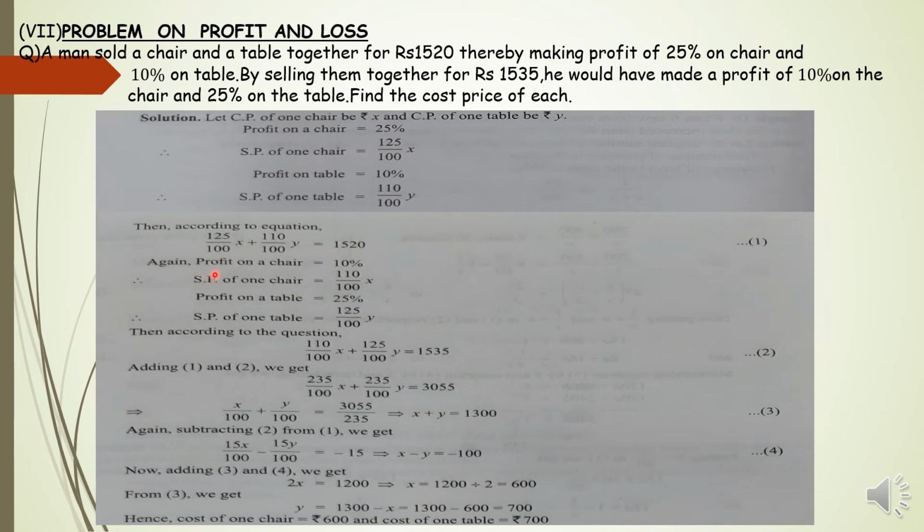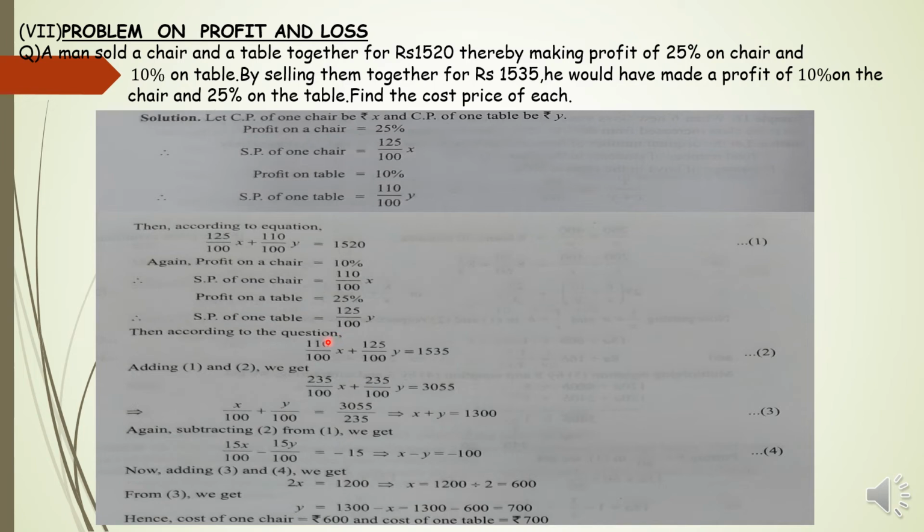Again, profit on a chair is given as 10% and selling price of one chair will be the same way which we have done earlier, that is x plus 10%, that is cost price plus 10%. So we will get as 110x by 100 or 110 by 100x. Then profit on a table is given in the question 25%. So the selling price of one table is equal to 125 by 100 y.